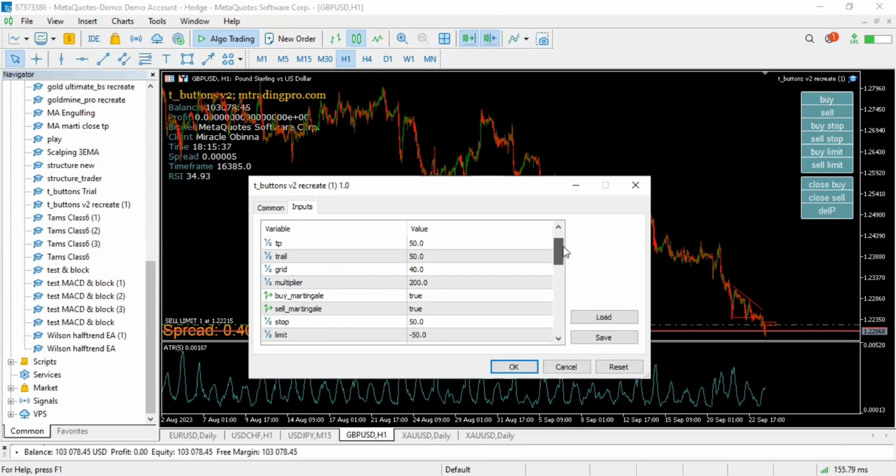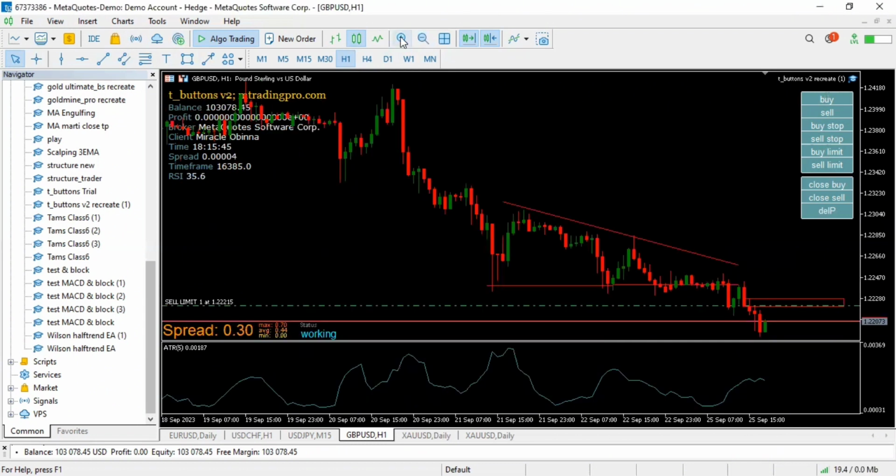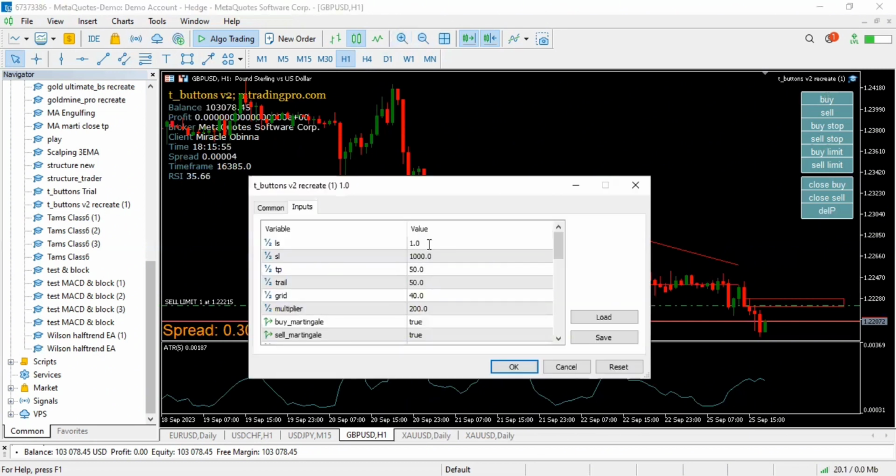What it does is help you manage your trade. So you can place your pending order, then the bot would manage the trade. Of course, you set your TP, you set your lot size. You can reduce your lot size if you want. We have SL, but we'll place it far away from the market. So we're using martingale to manage the trade, and then these are a multiplier. You can reduce it.